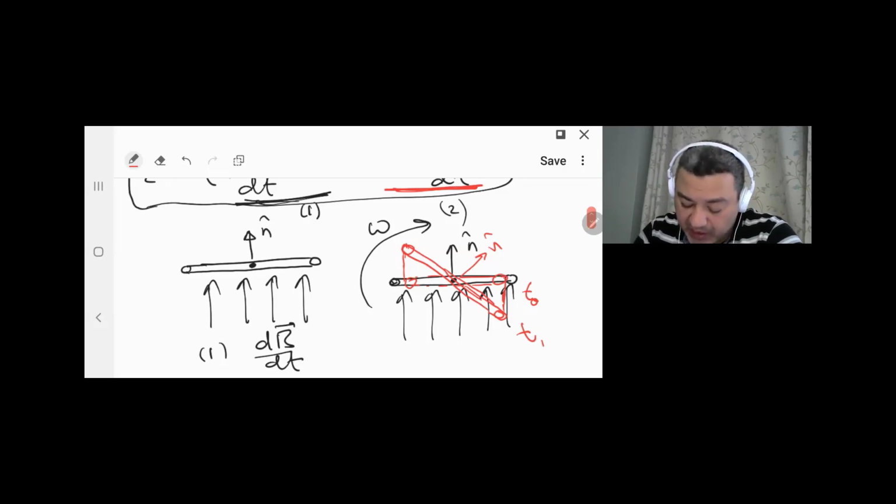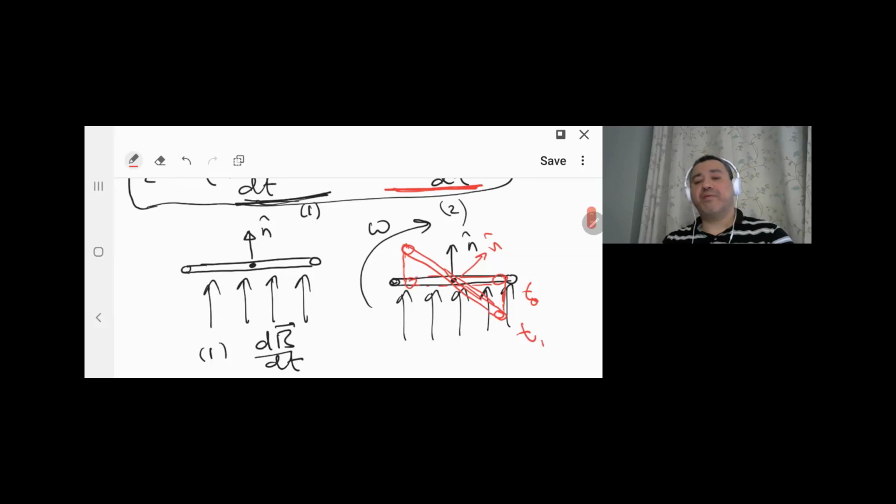And the second one is having the magnetic field stationary in time while the loop is seeing a change in its effective area that this magnetic field is crossing. In this case, the flux is going to change.